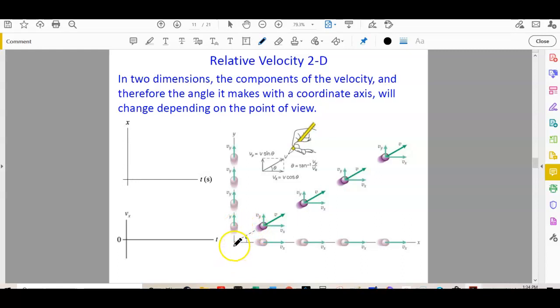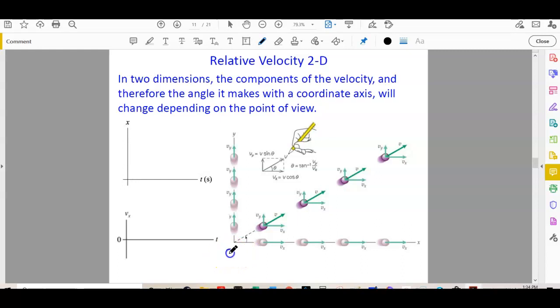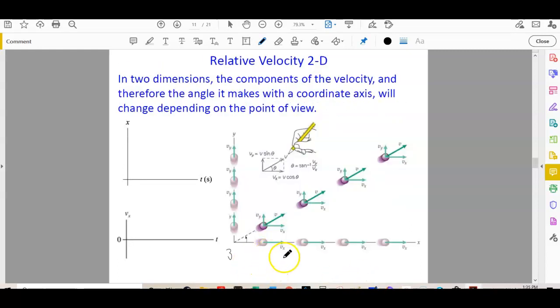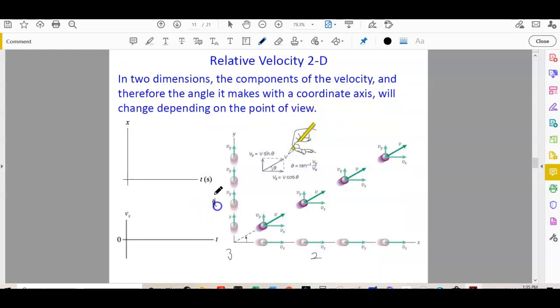This would be person number 3 right here, this would be person number 2 over here, and this is person number 1 right here, and this is the person in the boat. So this is the boat person, right? Person number 3 is not moving, so they're going to see person number 2 just walking to the right, person number 1 just going straight up, and they're going to see the boat moving up and to the right.